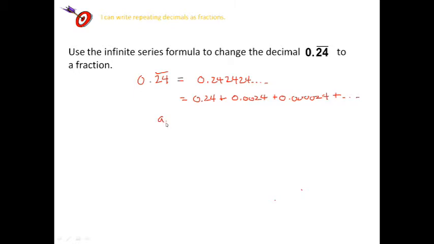So I know that a1 equals 0.24. r, since we moved everything over 2 decimal places, will be 0.01. And now I can solve.